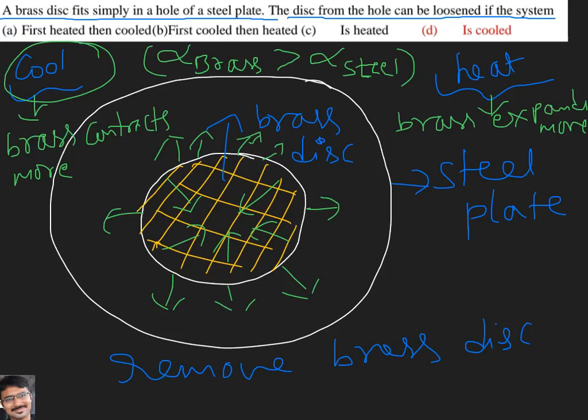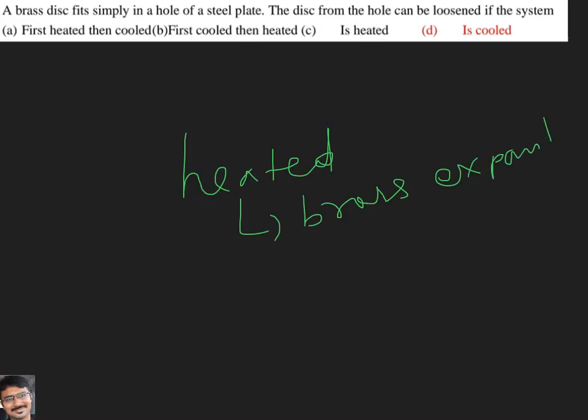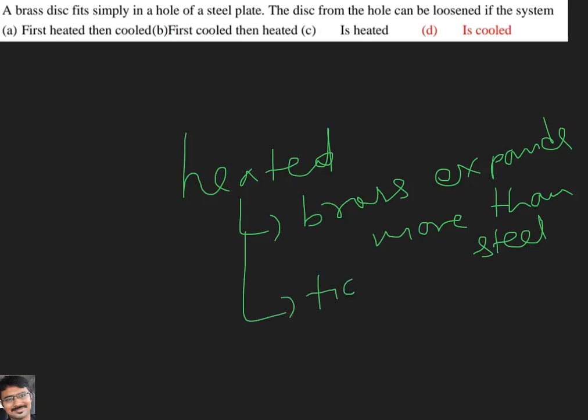So for this question, the answer is: whenever the disc is heated, brass expands more than steel, and since brass is inside the steel, it becomes more tight.